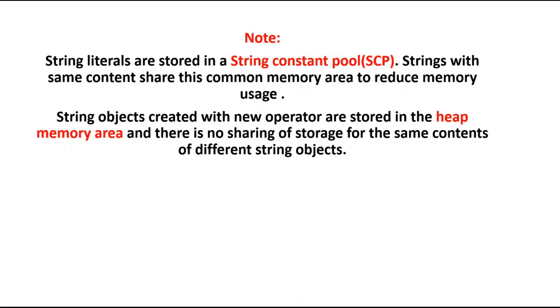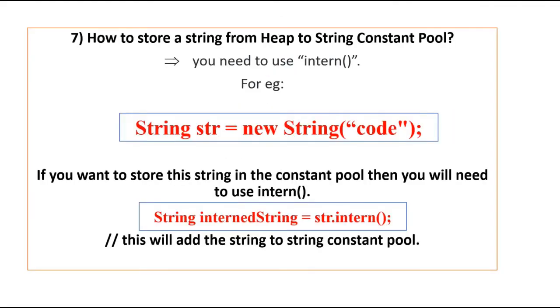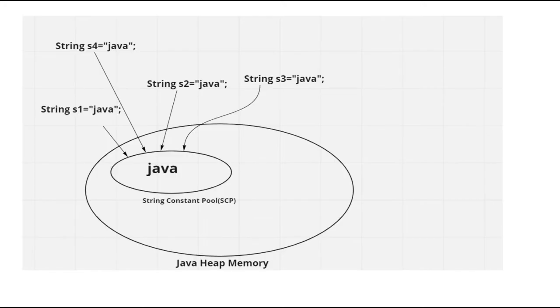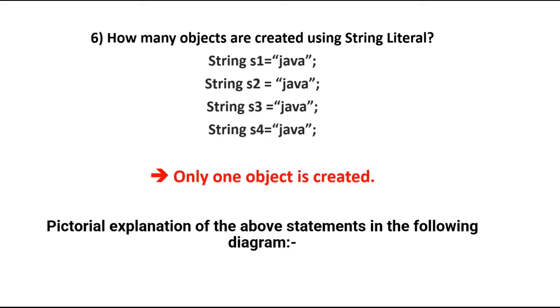After that, s2 = "Java", s3 = "Java", s4 = "Java": it does not create that object. Instead, it just refers to that value. That's it. So it will create only one object for these statements.